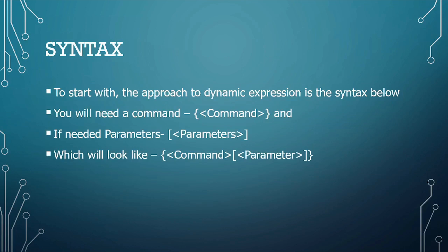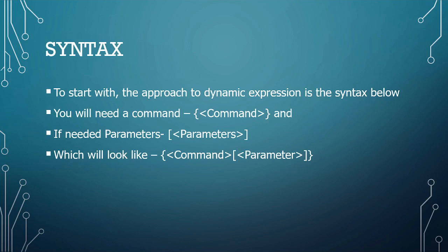To start with, the approach to dynamic expressions is the below syntax. The first part is the command we will be giving. If you want to do a calculation, we give math. That will be an expression, a command. Similarly, date, if we are trying to fetch a date or a month. Those come under command, and then there is a parameter.